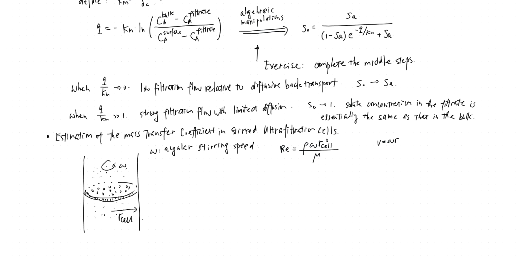And the Schmidt number is mu divided by rho D_AB. Now someone proposed a correlation for the Sherwood number in the stirring flow: the Sherwood number is 0.23 Reynolds number to the power of 0.567, times the Schmidt number to the 0.33.